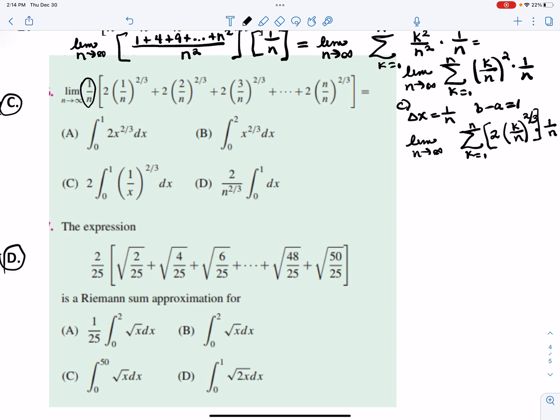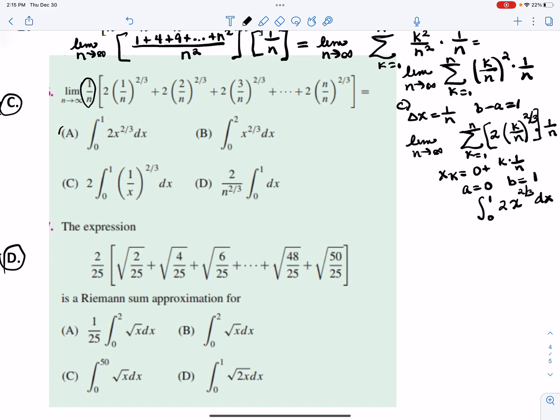All right. Now, if we look at this very carefully, we could go through the same analysis where x sub k is really 0 plus k times 1 over n. A is 0, which means b is 1. And what's going on the outside is that we are doubling x and taking it to the 2/3 dx.